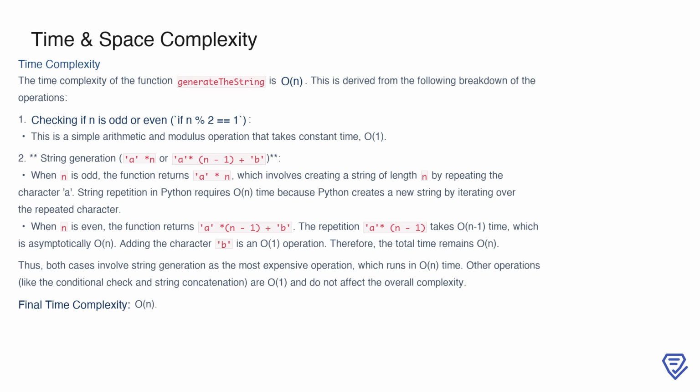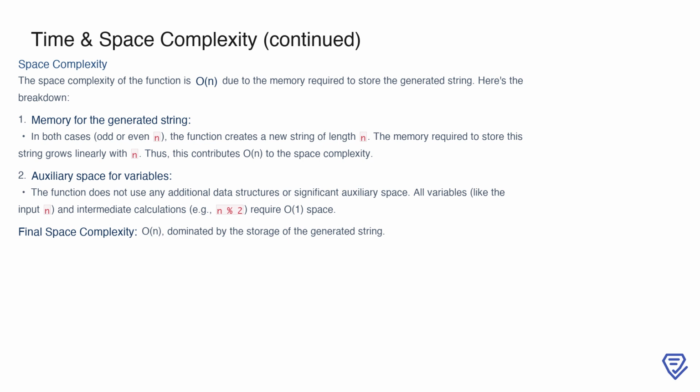The space complexity of the function is O(n), and this is attributed to the memory required to store the generated string. The primary contributor to space usage is the new string that the function creates. Whether n is odd or even, the function always constructs a string of length n, and the memory required to store the string grows linearly with n.